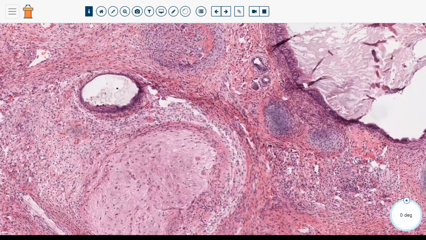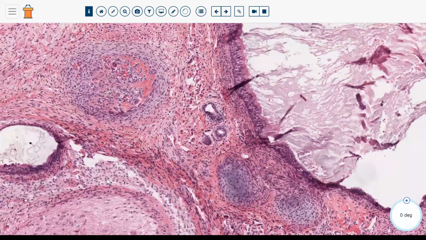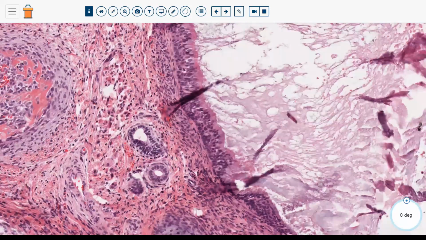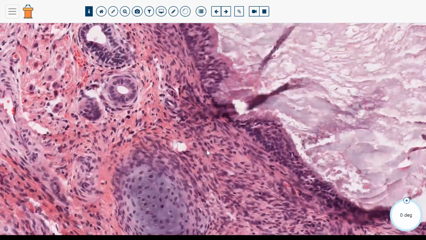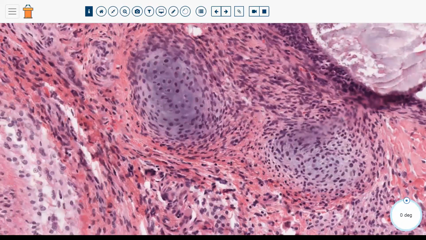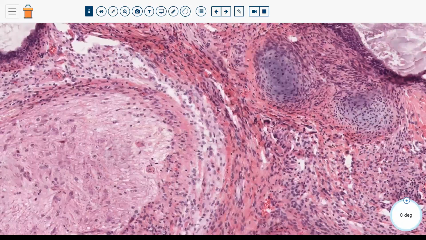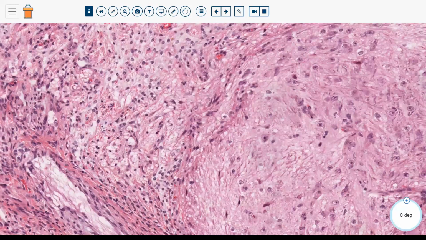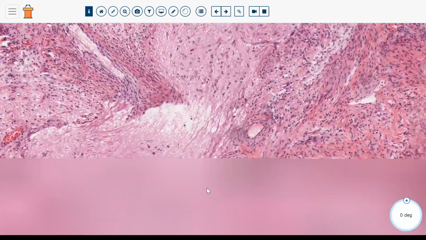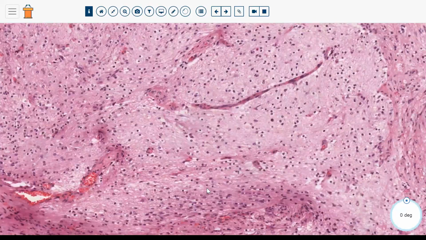We've got some glandular structures. As you can see here, a gland which looks probably respiratory with cilia. You've got some nodules of cartilage here, some perhaps immature cartilage. And then here, these spindle-shaped cells with low cellularity.